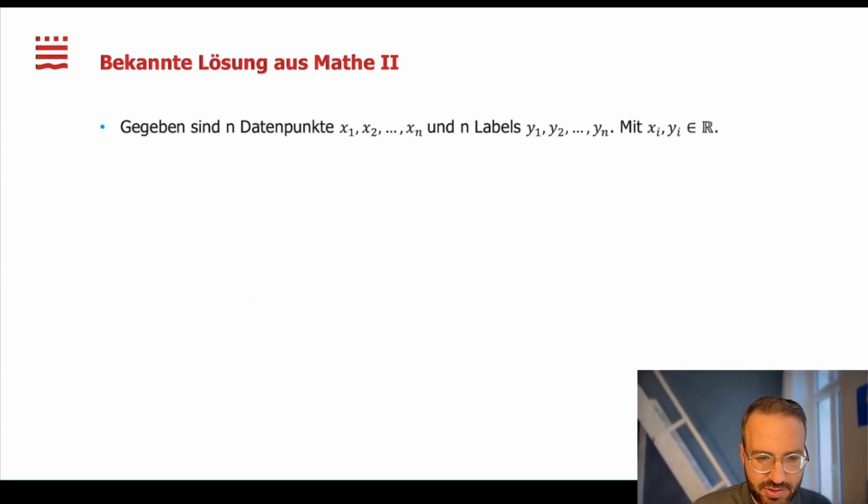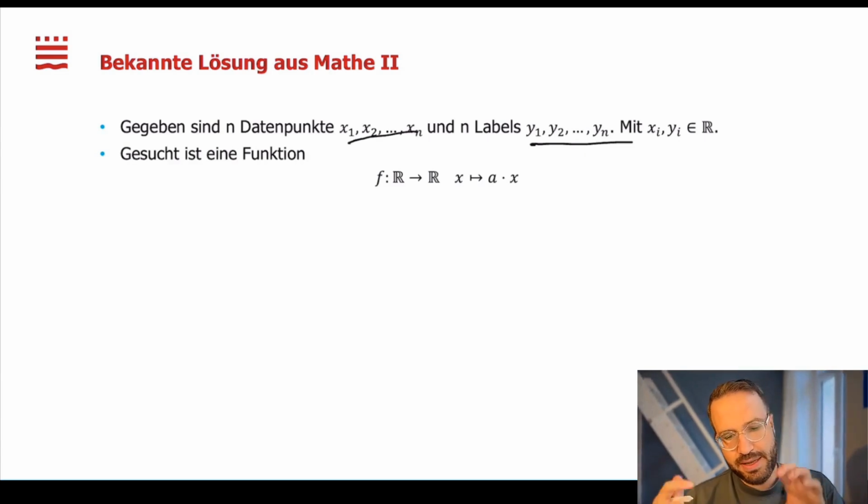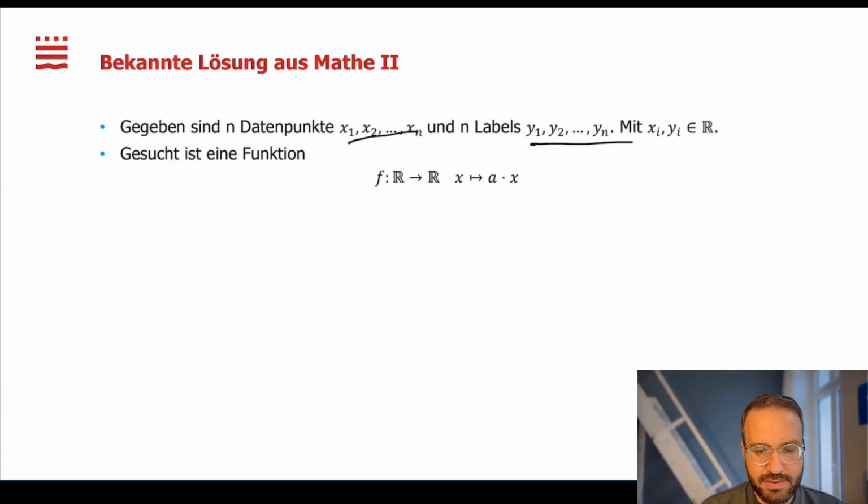So we have the following situation. We have our data x and our labels y, which is a similar situation to what we have in the case of correlation. We have the same number of data points x and the same number of data points y, which are real numbers. And what we are looking for is a function. Let's first take a look at what we did in Math 2. In Math 2, we only considered lines through the origin in the formula that we learned.